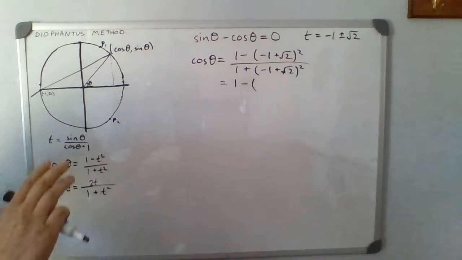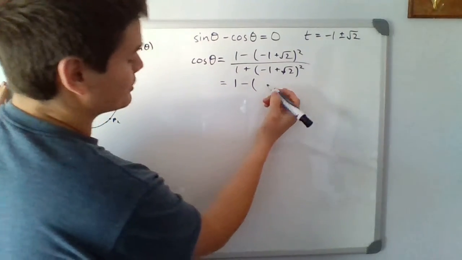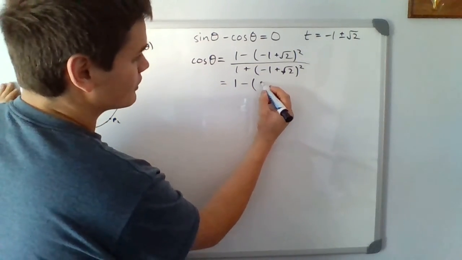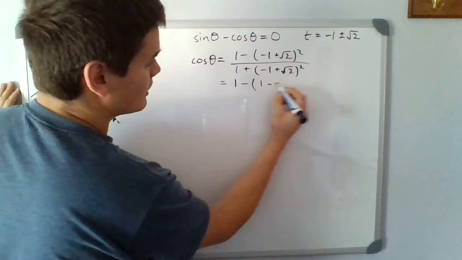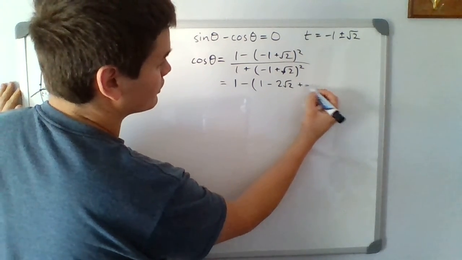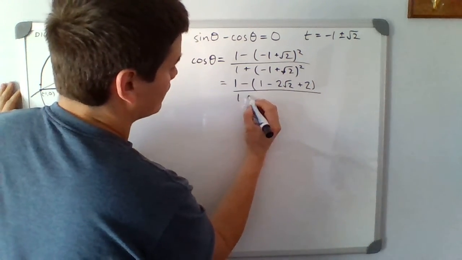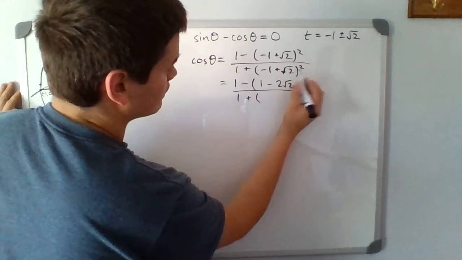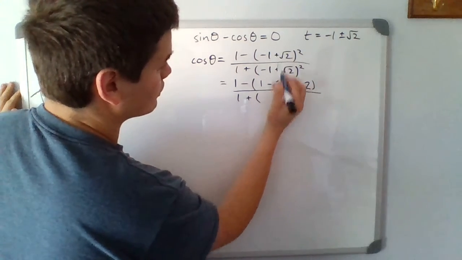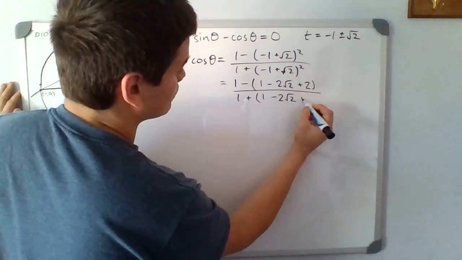I'm just going to do it, hope I don't make any mistakes, and get through it as quickly as possible. So it's going to be 1 minus 2 times the square root of 2 plus 2, divided by 1 plus, alright, this is the same thing, so 1 minus 2 times the square root of 2 plus 2.